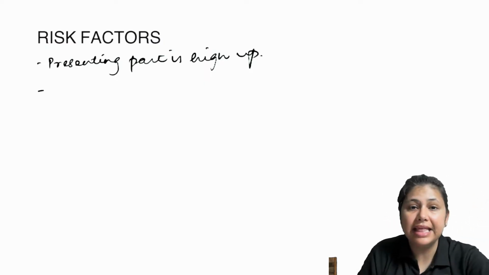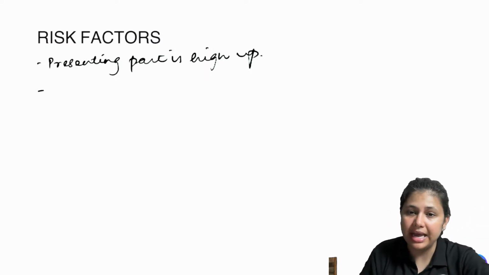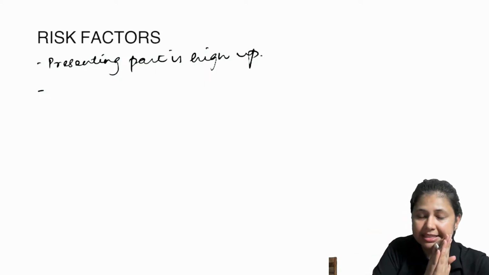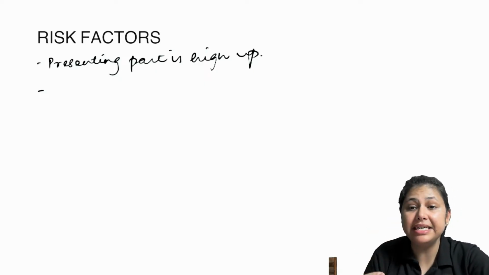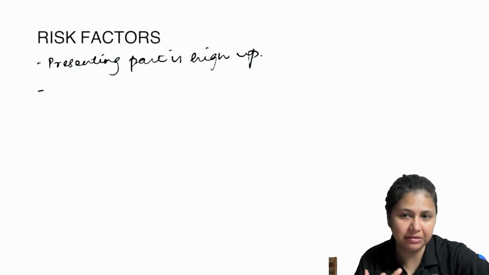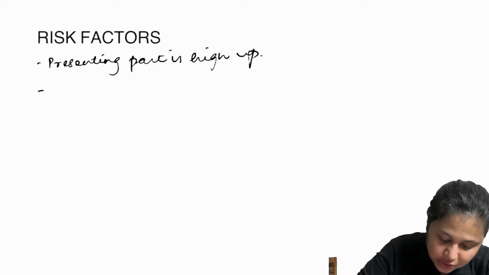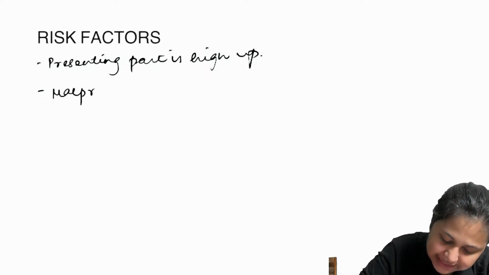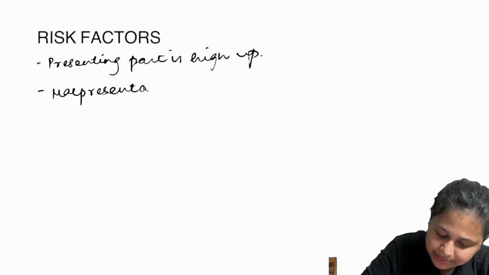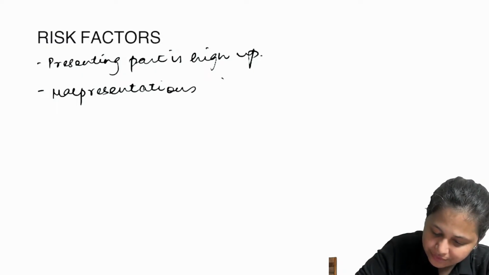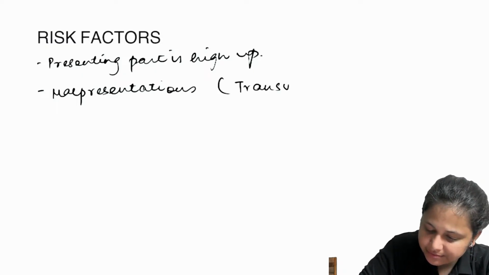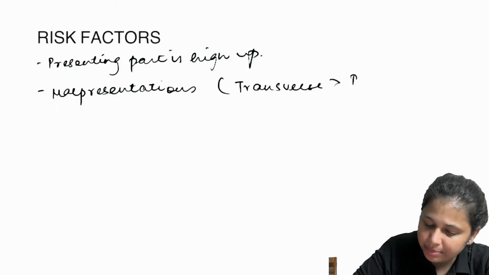The second thing could be that the presenting part is not high up, it is applied to the cervix, it is close to the cervix, but the presenting part is not occluding the cervix very well, right? So this could be in the case of malpresentations like transverse, like breech.